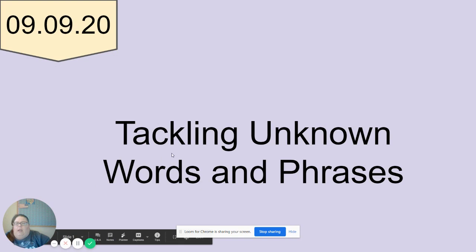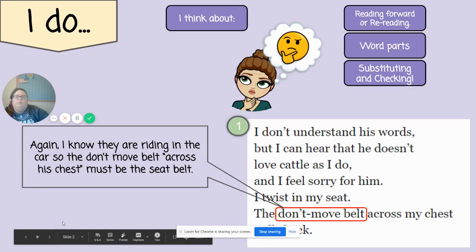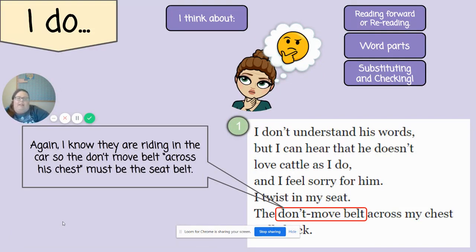Okay, so tackling unknown words and phrases. When we think about a part of the passage, Snow, in Home of the Brave, we come across the words: I don't understand his words, but I can hear that he doesn't love cattle as I do.